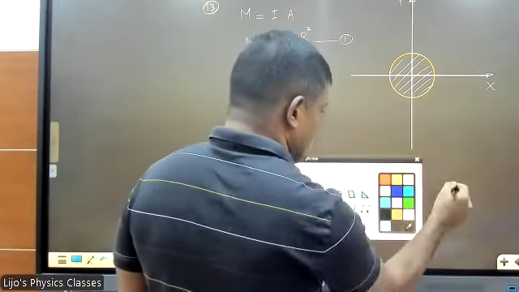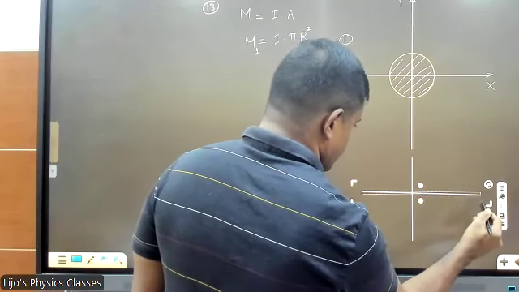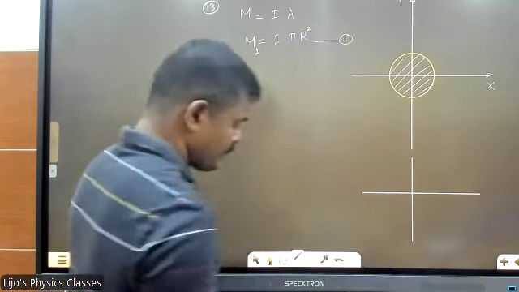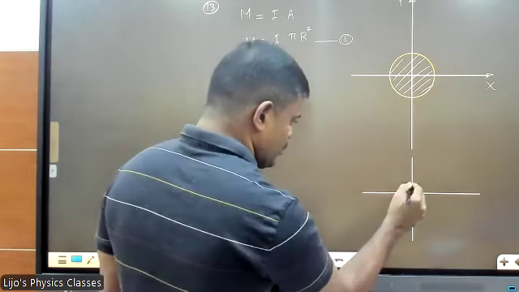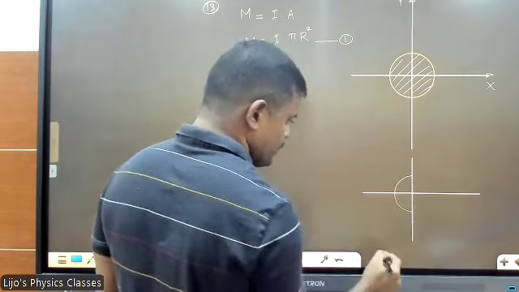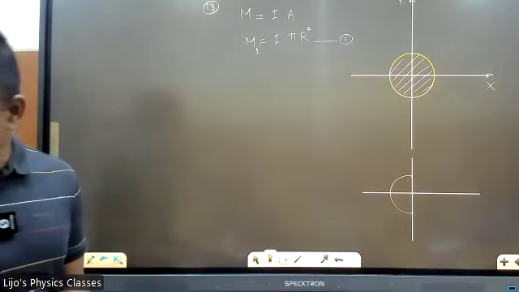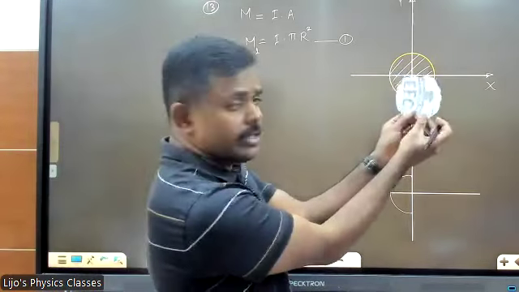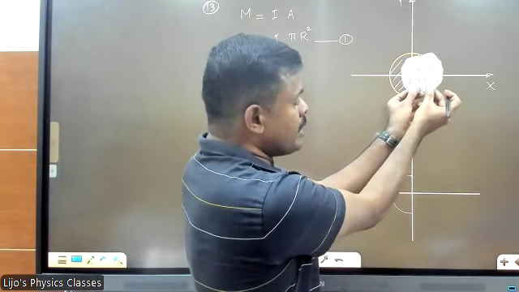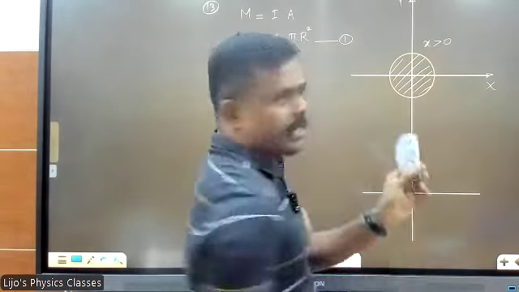Draw the second configuration. I'll try my best to draw a good figure, right? You have to draw half of it here, no? Half of it is still here. Okay, you just bend it. Look at this, look at me, please. This was the original coil, okay? And then I just bend it through the middle because they say x greater than 0. This region is called x greater than 0.